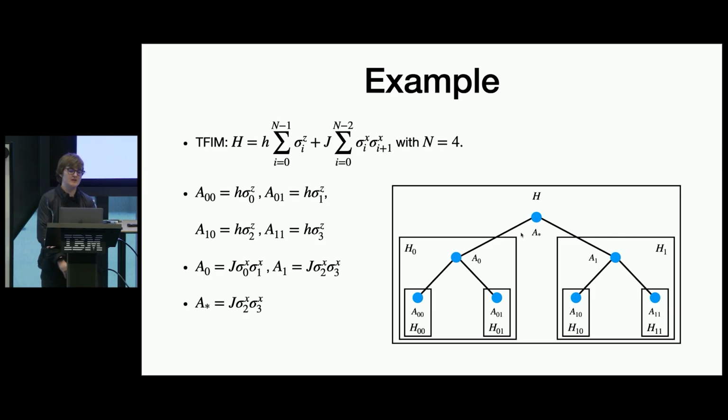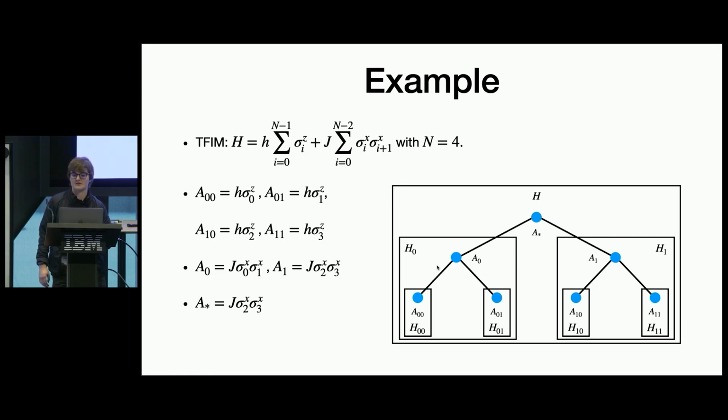And just to give you an example, a small example would be just a transverse field Ising model, 1D, with 4 spins. In that case, the leaf nodes would just be the single spins. And the leaf node terms are just the non-interacting terms, so just the sigma z's on all the individual spins.